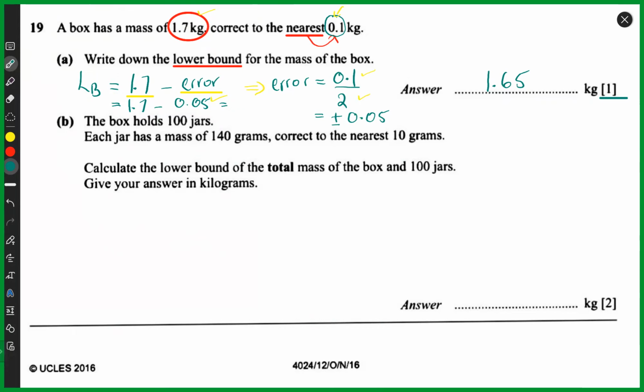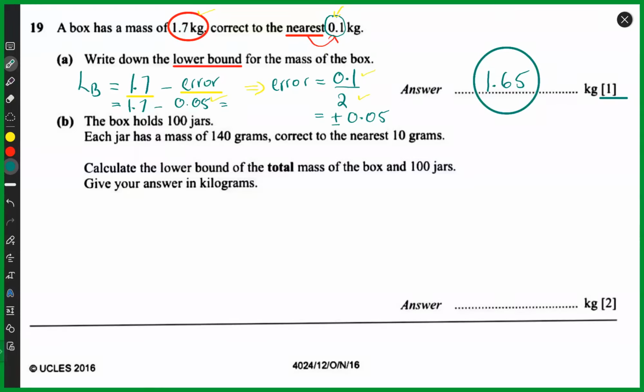For lower bound, I would just do 1.7 minus error. How did I find error? I did accuracy by 2. Where is accuracy? Accuracy is written right after the word nearest. That was 0.1. 0.1 divided by 2 gave me 0.05. And I had to subtract that. And overall, the answer was 1.65. So this was basically the lower bound for the mass of the box.